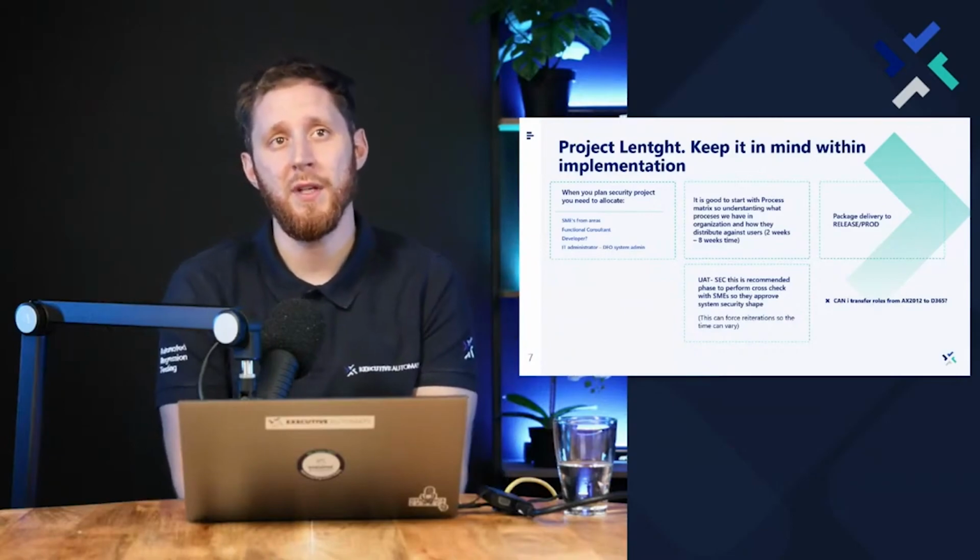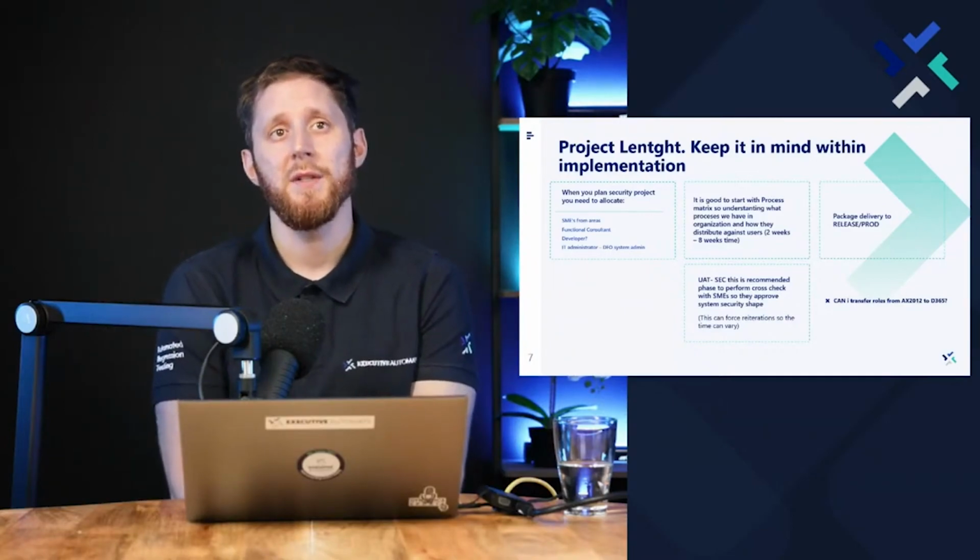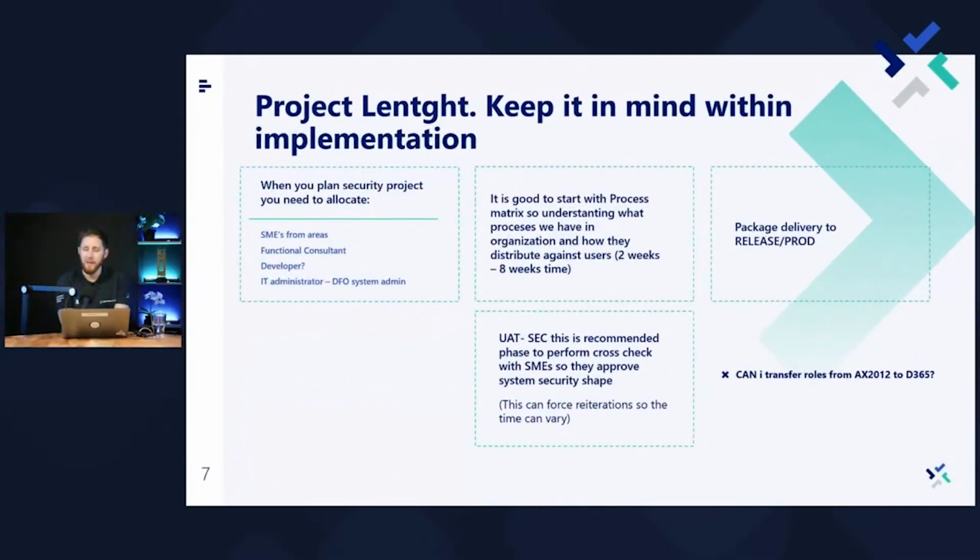It is good to start with the process matrix, so understand what processes you have in the organization. Very often when you come to the organization for security projects, there are no clear definitions. Even though it might be a go-live, they have no clear definition of what processes are handled by users A, B, and C, which makes a problem, because we need that essential component to understand what people are doing to create roles with designed access.